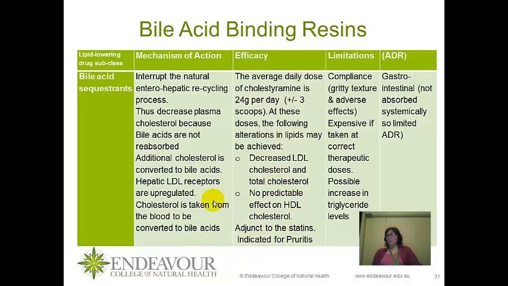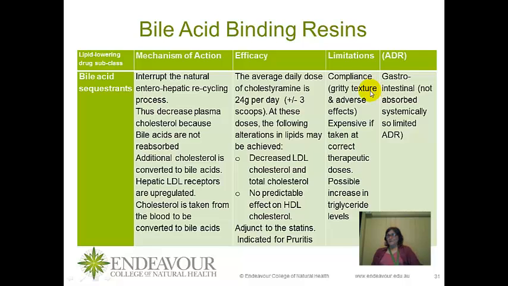There won't be much of an effect on HDL cholesterol, but if a person has such high levels of cholesterol that it leads to that continual itching in the peripheral circulation, pruritus, then these resins will contribute to reducing that pruritus. They might be used as an adjunct to the statins or as an alternative for people that couldn't take them.